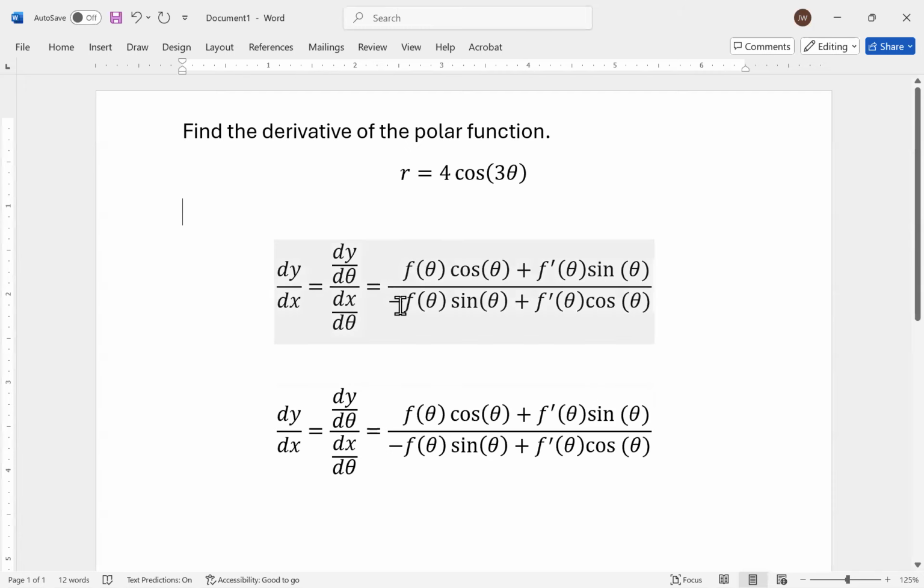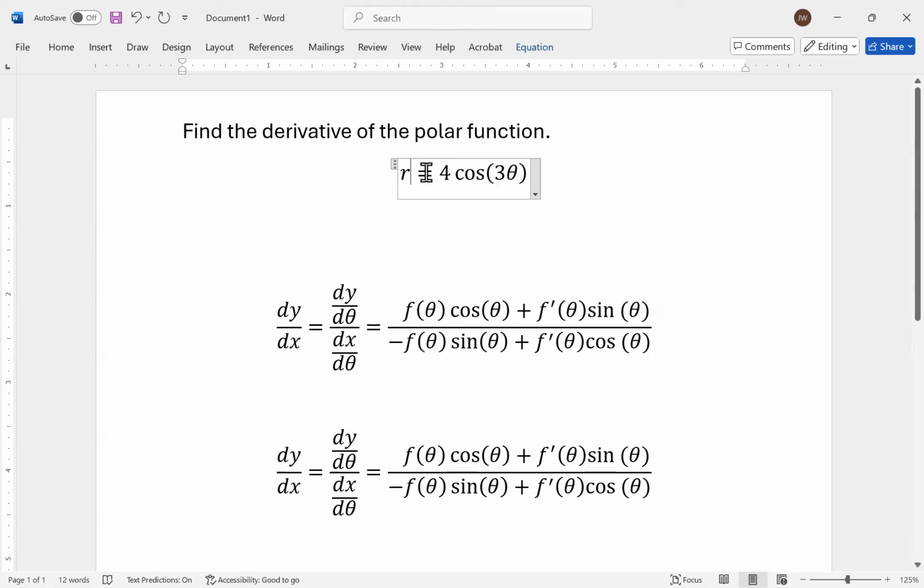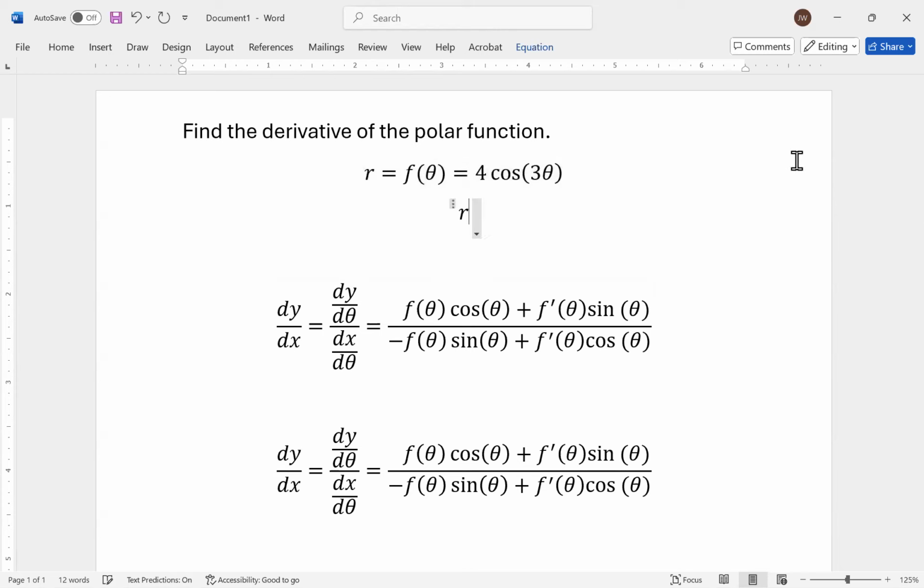In this case, I'm just going to use the formula directly. In order to do that, I have to first realize that r is equal to this function of theta. And so what I'm going to call r prime, somebody else would call f prime of theta. The derivative of 4 times cosine of 3 theta.